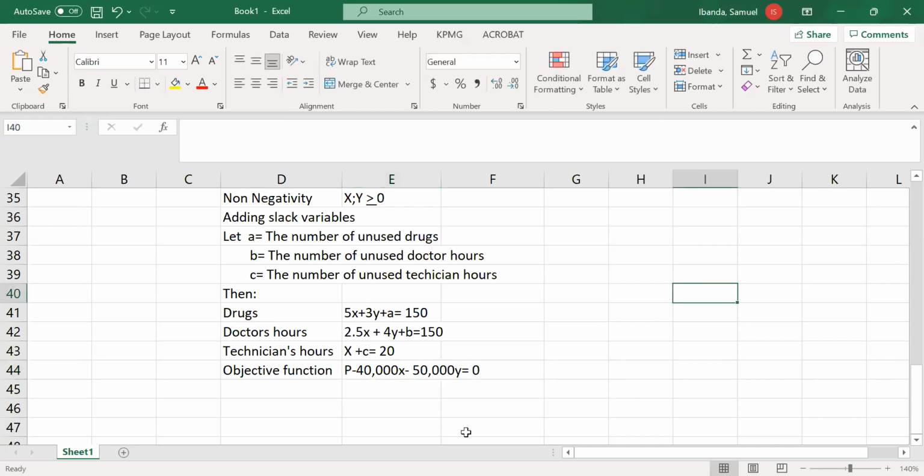So once I'm done with that, I'm now going to translate that into my tableau.